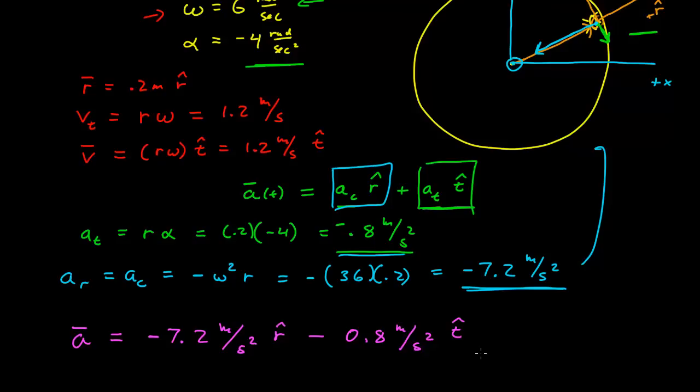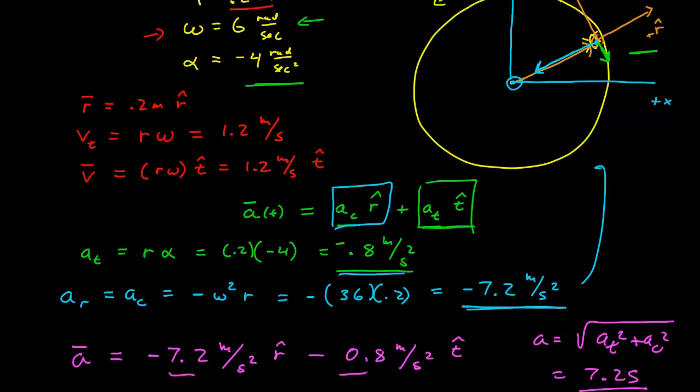So that's the vector. I can calculate the magnitude of that if I want. It's essentially 7.2 because the radial component is so much larger. The magnitude, from the square root of a_t squared plus a_c squared, gives me about 7.25. So it's very close to the radial component.